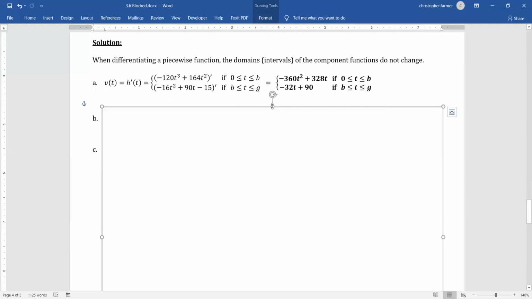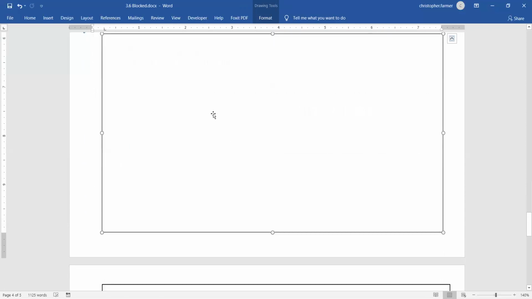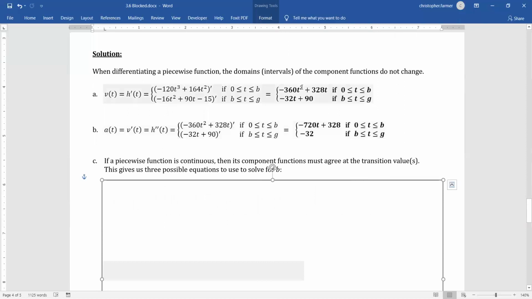And then once you have the velocity function, we're taking the derivative of the velocity function to find the acceleration function. So, here's the derivative of the velocity function. And once again, just term by term, use the power rule like you have in the past with taking derivatives.